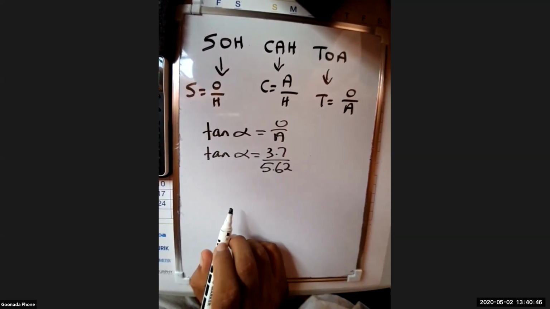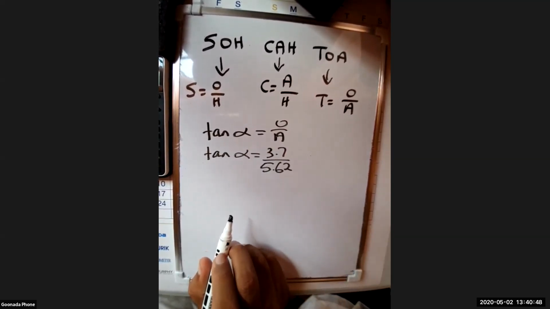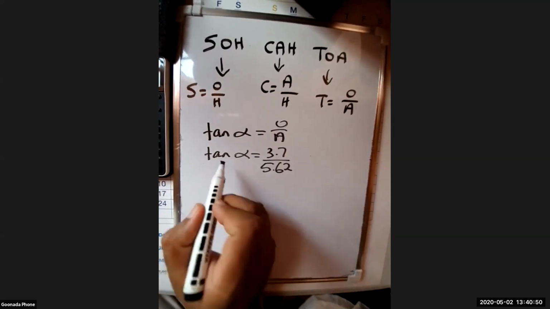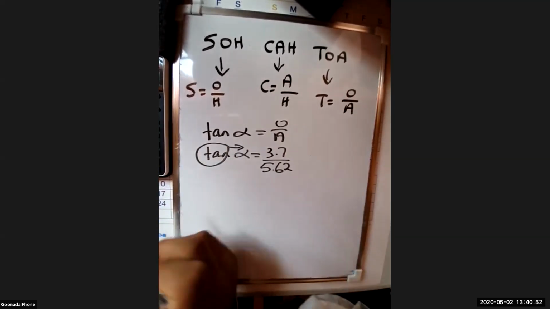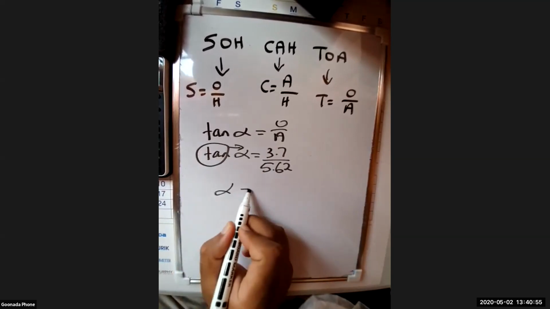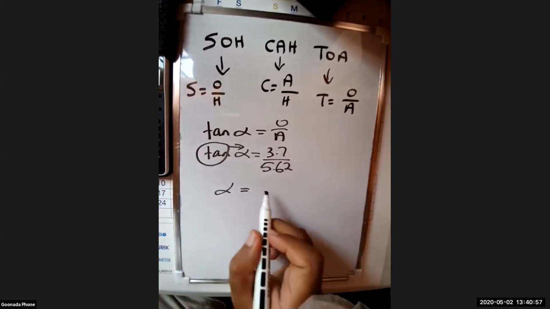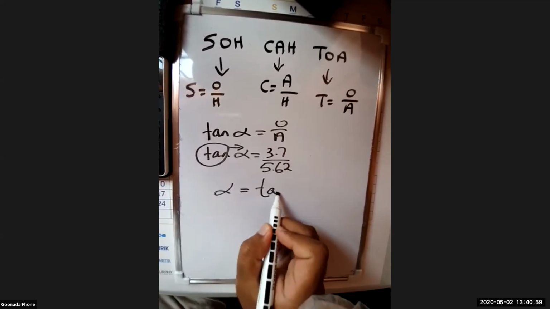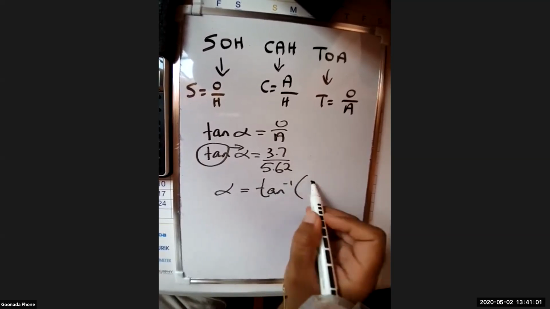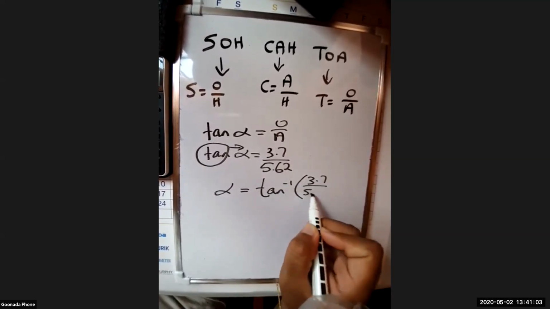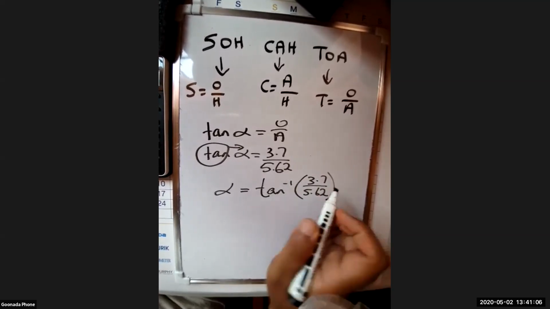Okay? If we want alpha, I didn't show you all this before, but I'm doing it now: when tan goes across, it becomes tan inverse of all of this, 3.7 over 5.62. You could have done the one before like this too.